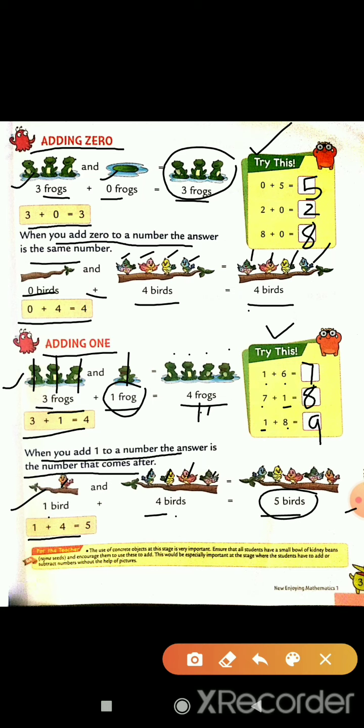So, the answer is 9. Got it, students? So, always remember, when you add 0 to a number, the answer is the same number. And when you add 1 to a number, the answer is the number that comes after. Got it, everyone?